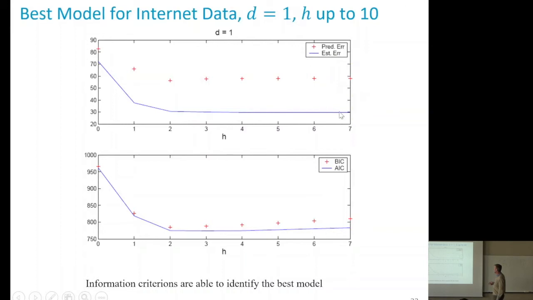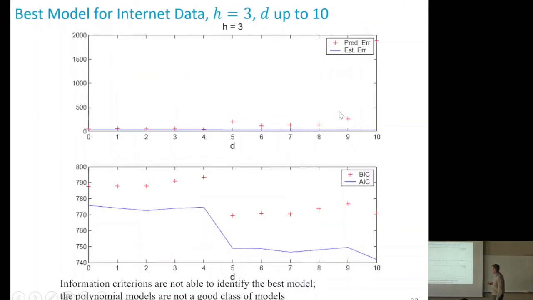Now here, I do the opposite. I fix the number of harmonics to 2, and I vary the degree of the polynomial. We see that the prediction error becomes very bad when the degree increases, and the best d is 4.